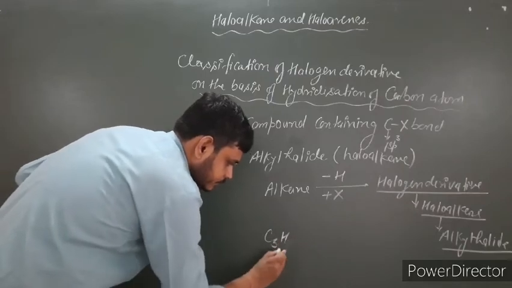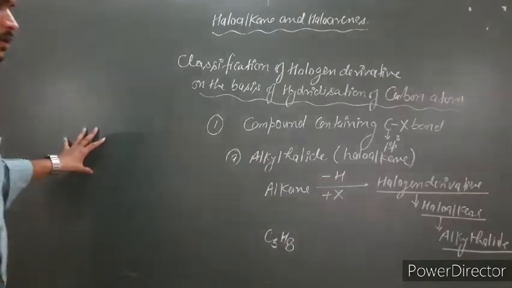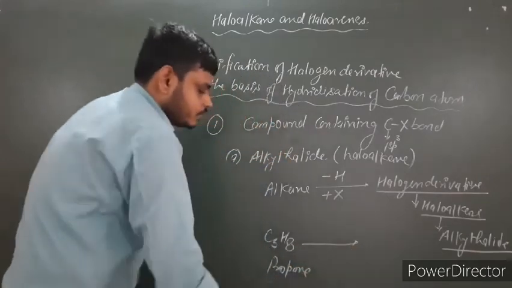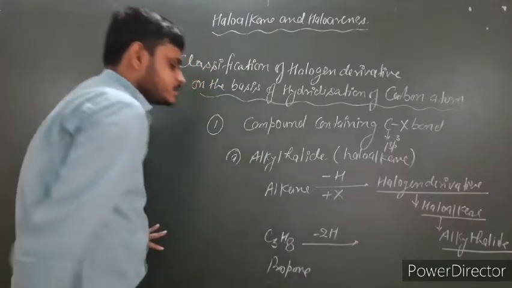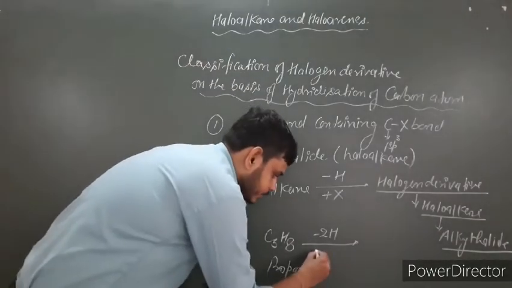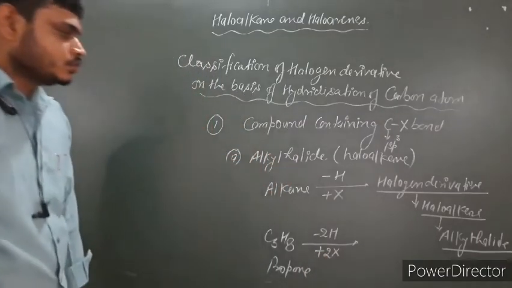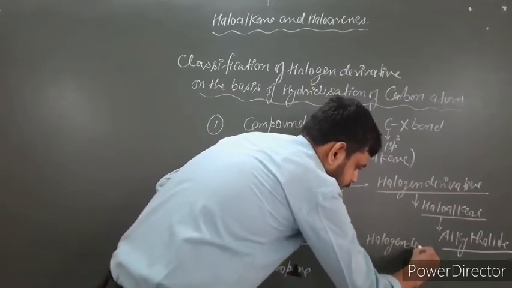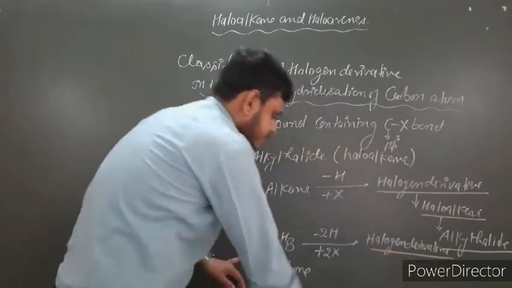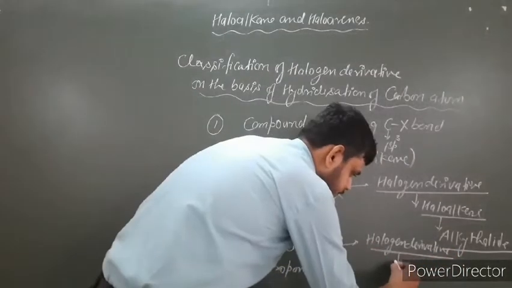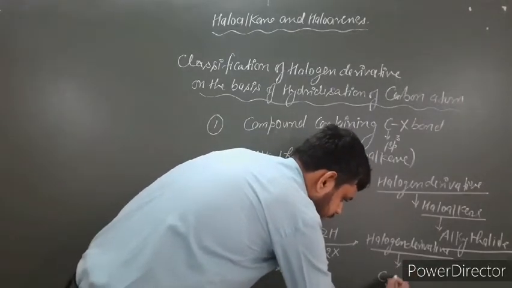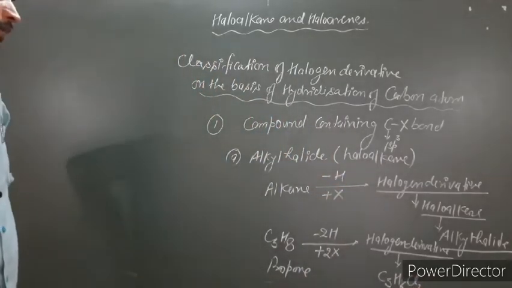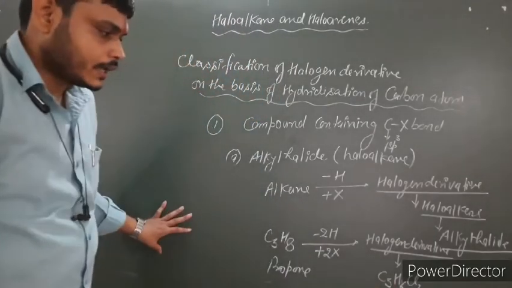For example, propane, C3H8. From propane, suppose replacement of two hydrogen atoms by two halogen atoms forms a halogen derivative, and this type of derivative is the alkyl halide, that is C3H6Cl2.